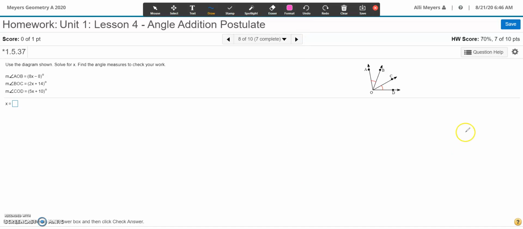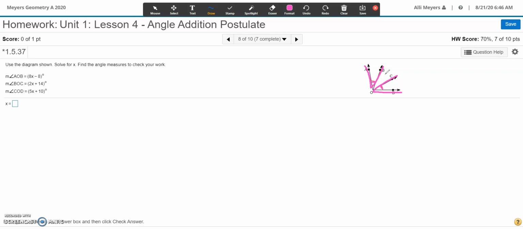All right, question 8, weird picture here. I did one really similar to this in the notes. The picture looked identical, actually. Notice that those red markings, like here and here, mean those two angles, AOB and DOC, are equal. Those are congruent. Solve for x.